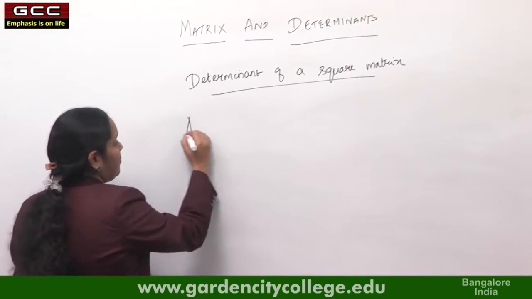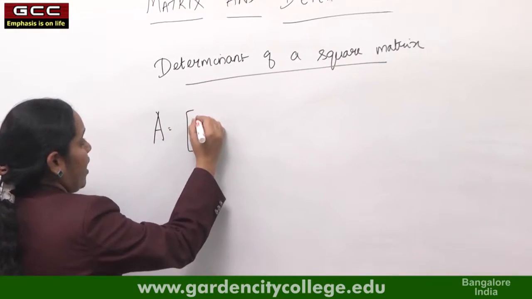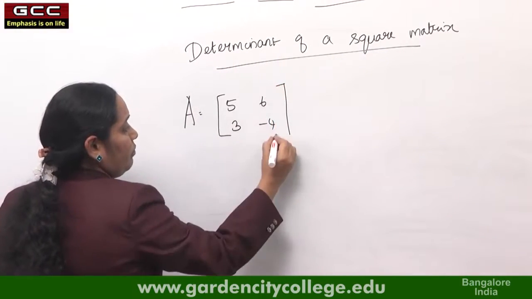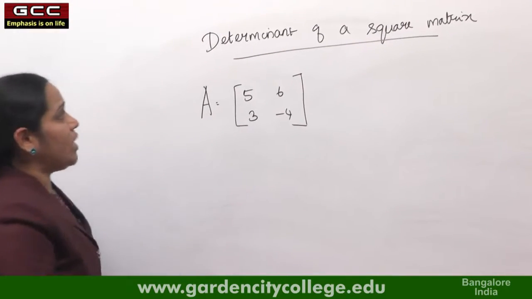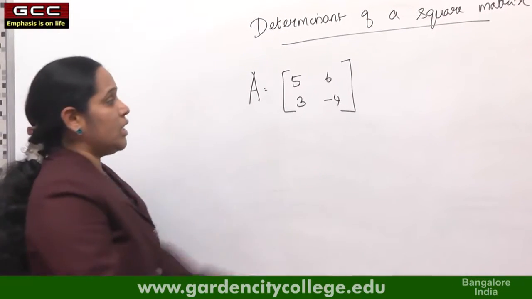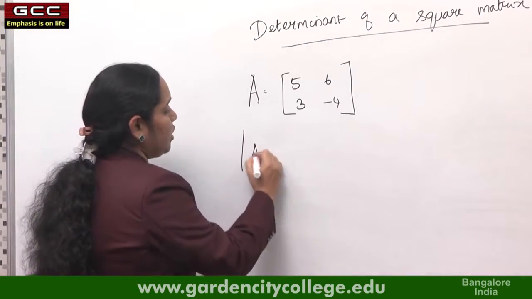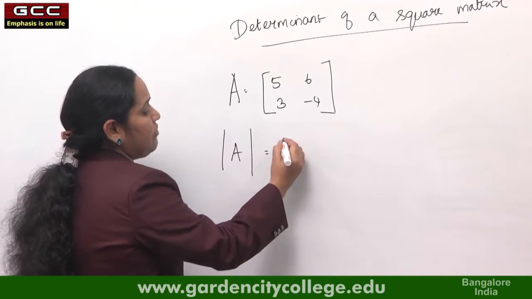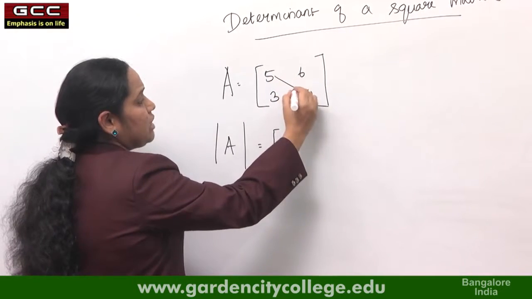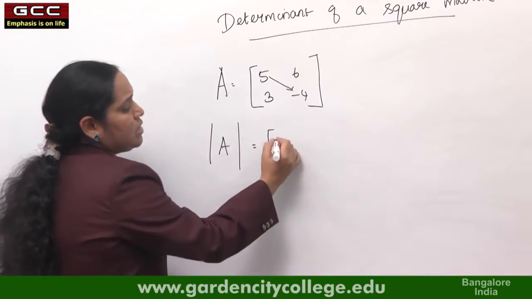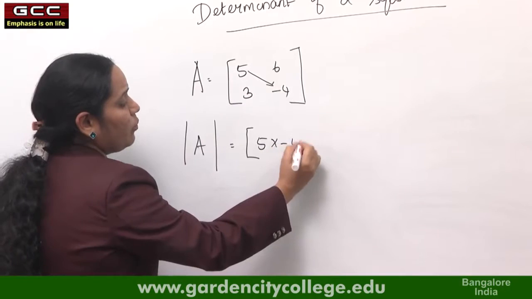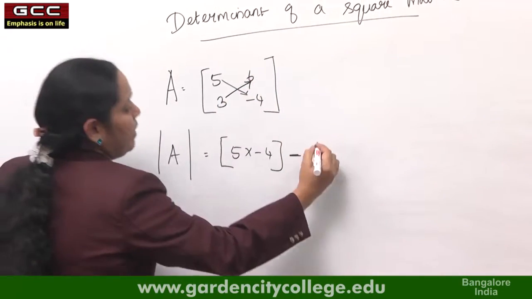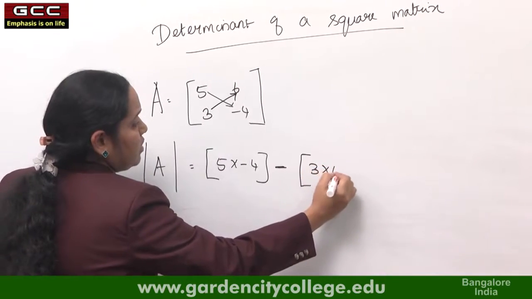So, I am considering a matrix A equal to [5, 6; 3, -4]. This is a matrix A. When I say determinant of a square matrix, determinant is always denoted by A within two parallel lines. So, determinant of A is given by, first multiply the principal diagonal elements, 5 into minus 4, then minus of the product of these two elements, 3 into 6.